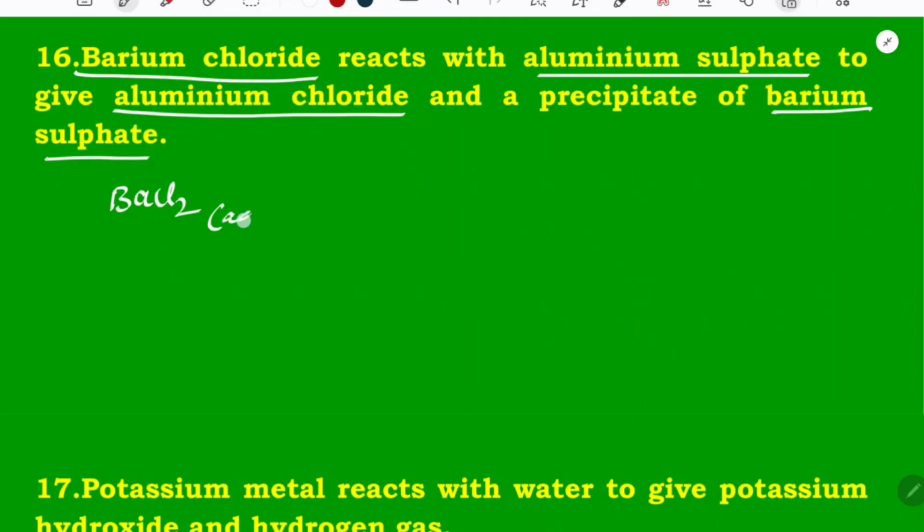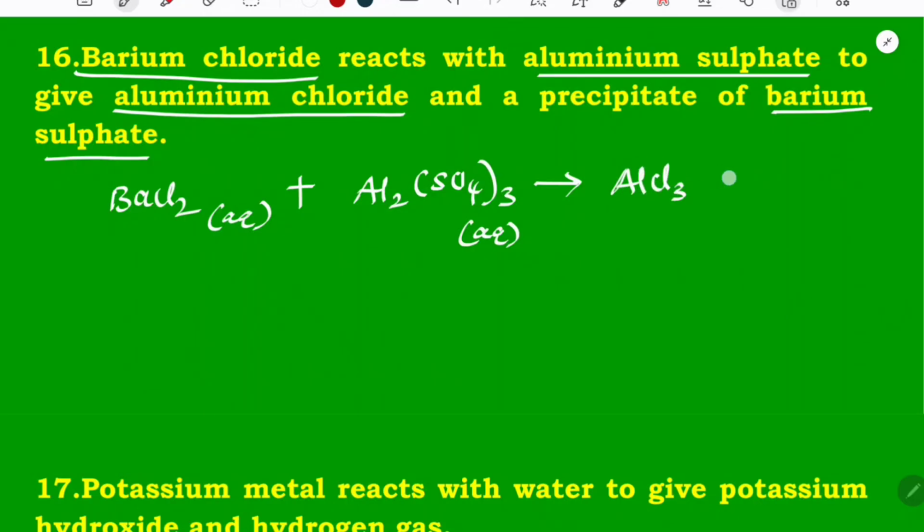This is aqueous. Then aluminum sulfate, Al2(SO4)3. This is also aqueous. Then aluminum chloride AlCl3 and barium sulfate BaSO4.